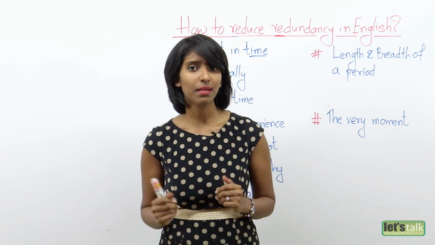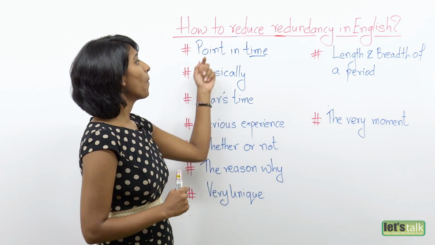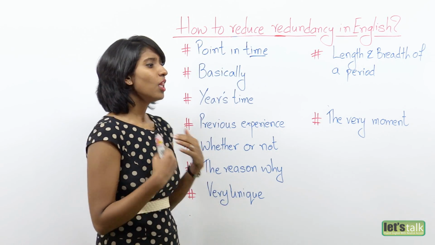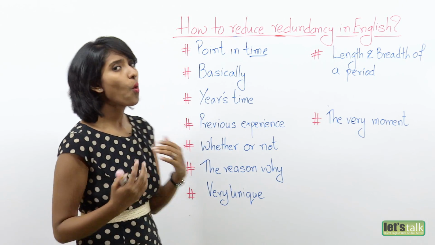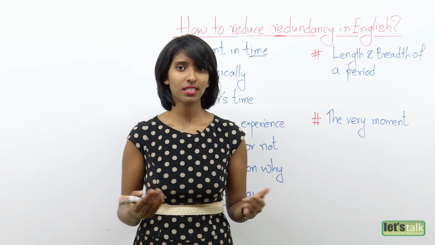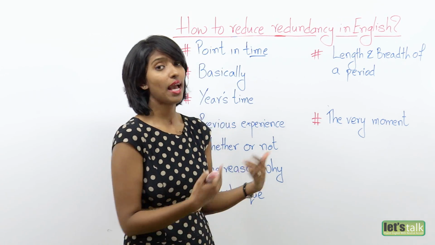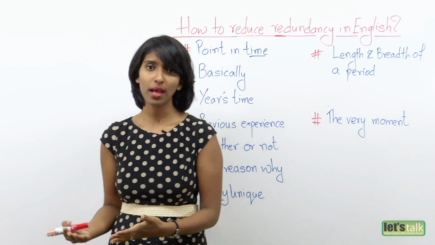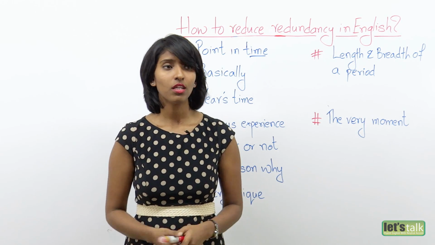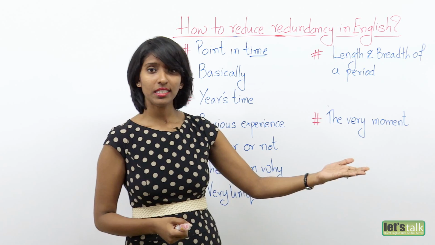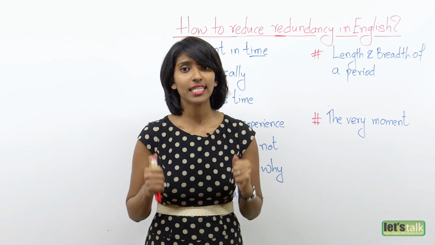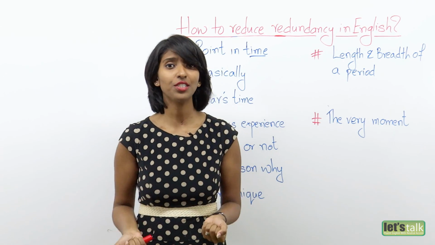Let's take few examples. The first is point in time. A lot of people use this phrase point in time when they are discussing something that has either actually happened or is about to happen. For example, at that point in time, people could not take his suppressive attitude.